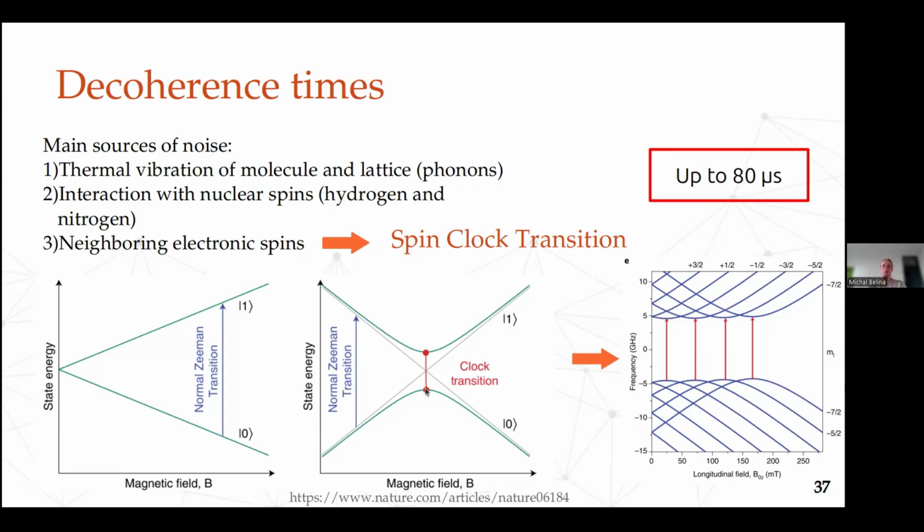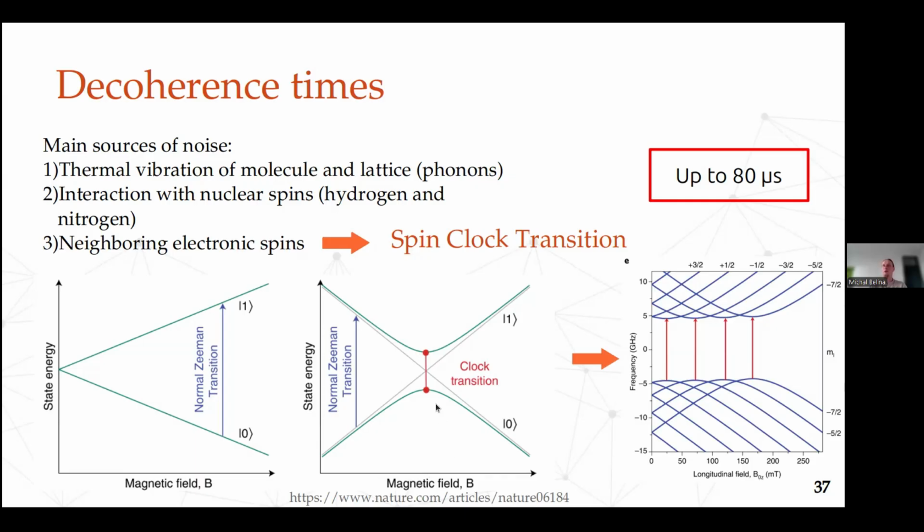there are suggestions of possible realization of quantum computers, where you can specifically put several qubits in this clock transition position by specifying a magnetic field.